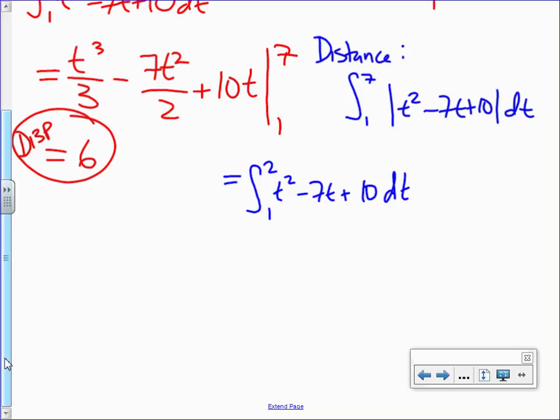But from 2 to 5, you have to flip that value, so minus the integral, the negative of it, from 2 to 5 of t squared minus 7t plus 10 dt. And then it's back to normal from 5 to 7.